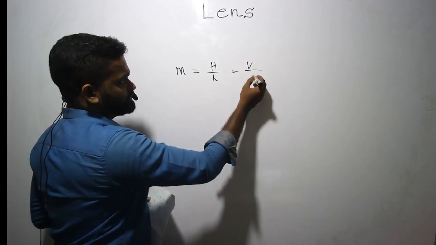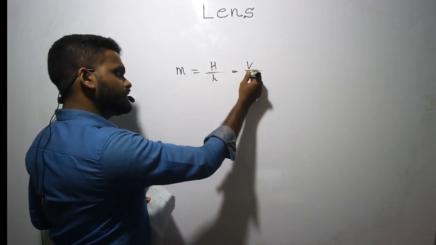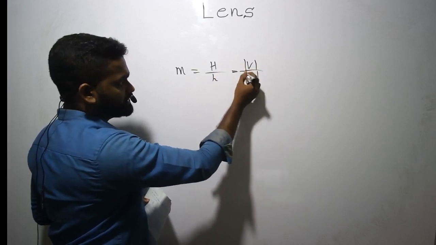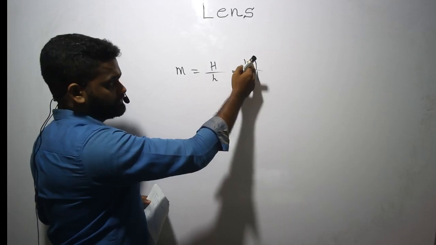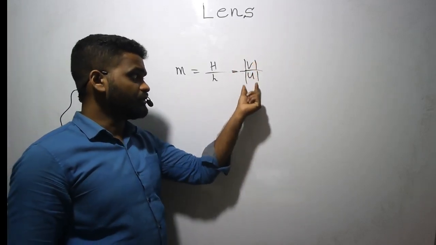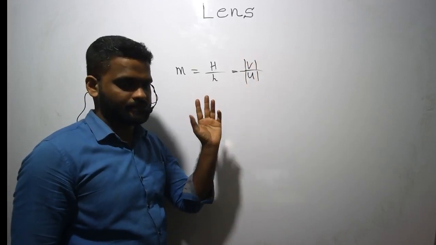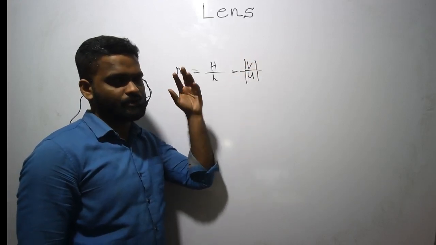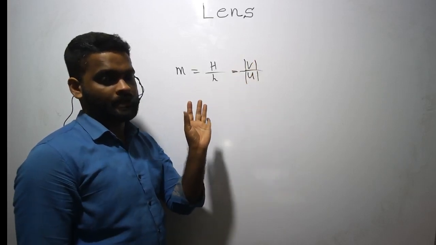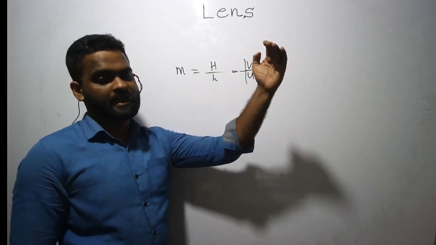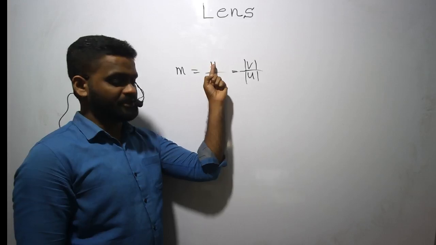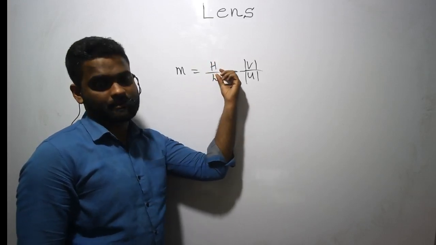And this also is equal to image distance divided by object distance. When you use this, you need to only take the positive of this, because v and u can be negative as well, right? So you put modulus signs like this. Because for the magnification, we don't need a negative or a positive. We only need how many times the image gets bigger than the object.